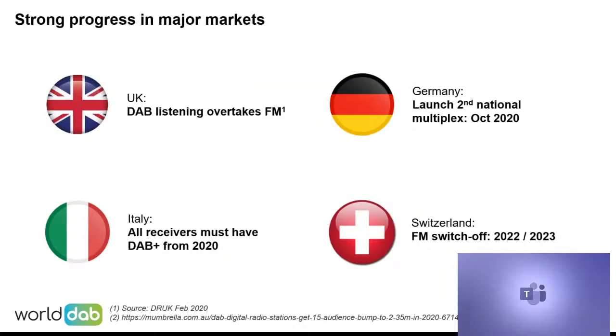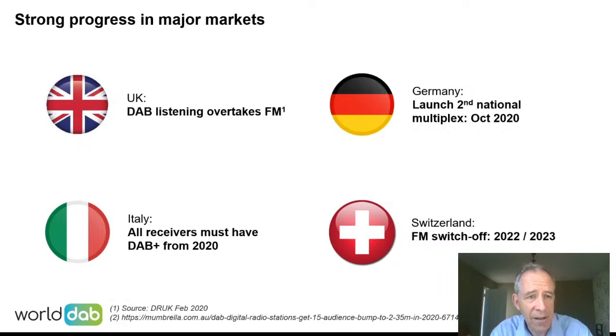I won't go through every single market because there's more and more information, but just to give you some headlines from some of the larger markets. In the UK, DAB listening overtook FM for the first time last year. In Germany, which we'll be hearing more about from Karsten, they launched their second national multiplex in October of last year.